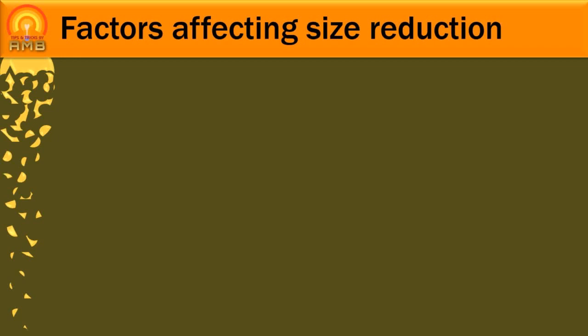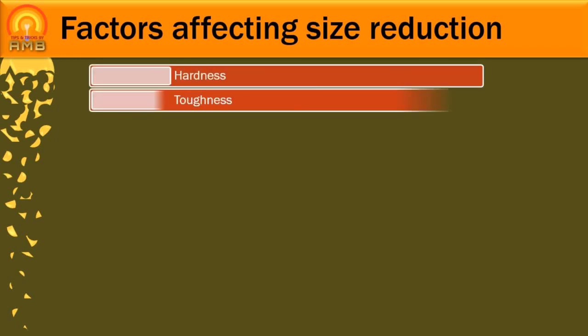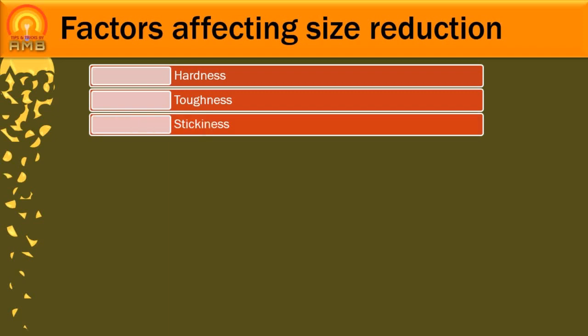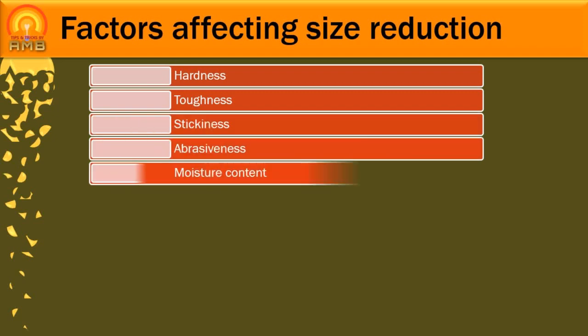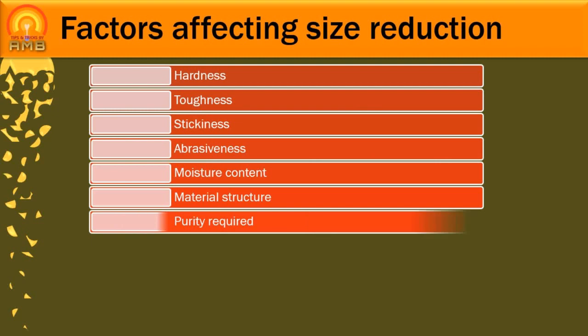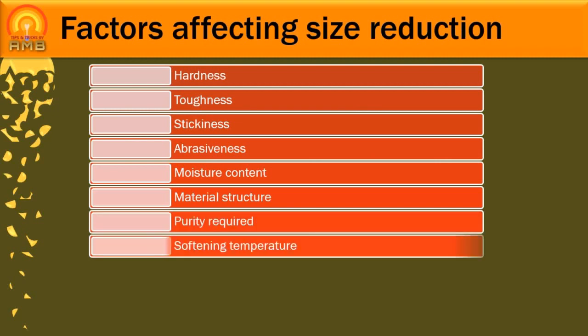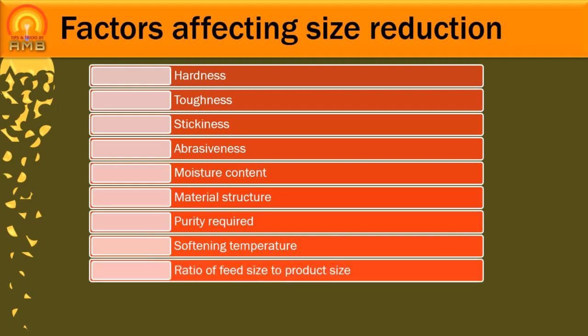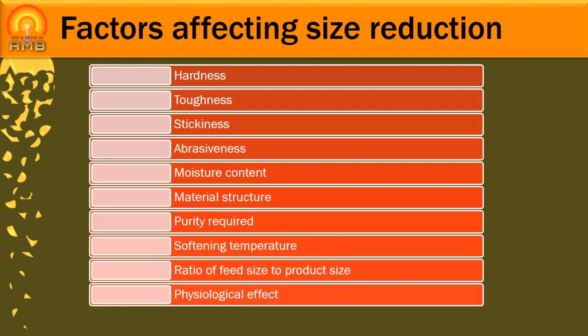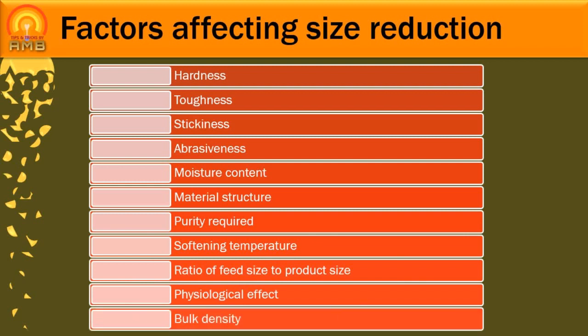Factors affecting size reduction are as follows: hardness, toughness, stickiness, abrasiveness, moisture content, material structure, purity required, softening temperature, ratio of feed size to product size, physiological effect, bulk density.